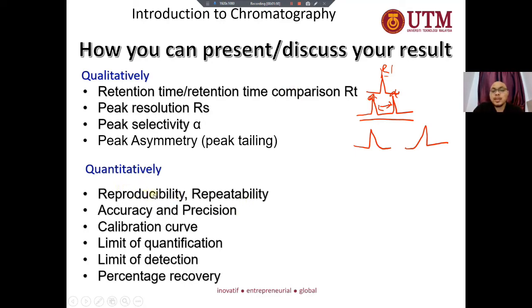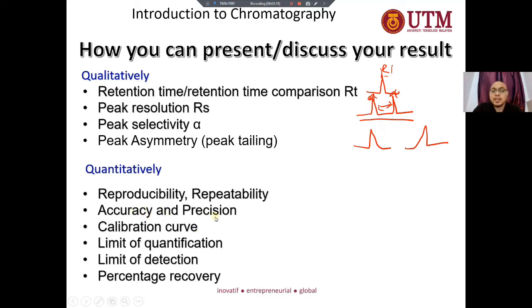In the quantitative analysis, you can also discuss reproducibility or repeatability. In reproducibility and repeatability, we discuss whether our analysis is repeatable or not. It means that if you run today, you get the same retention time, and tomorrow you run, you also have the same retention time. Or today you run 1 ppm, you get 1 ppm, and tomorrow you run, you also get 1 ppm, not suddenly 3 ppm.